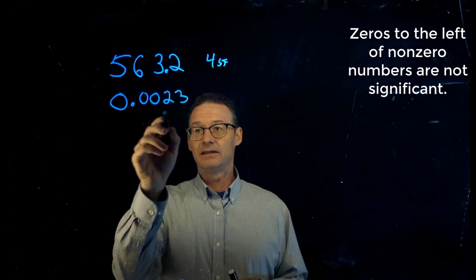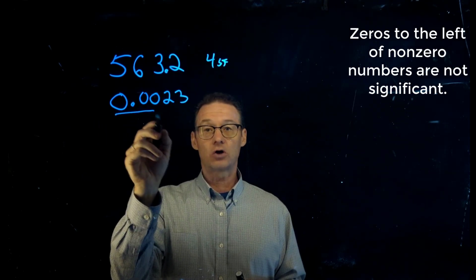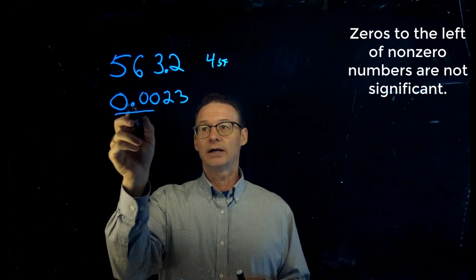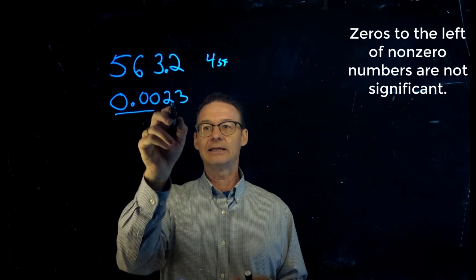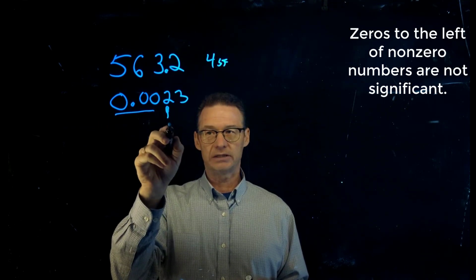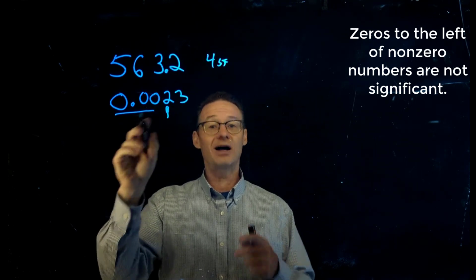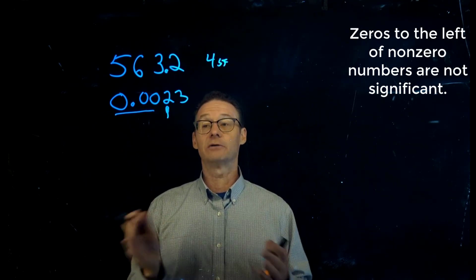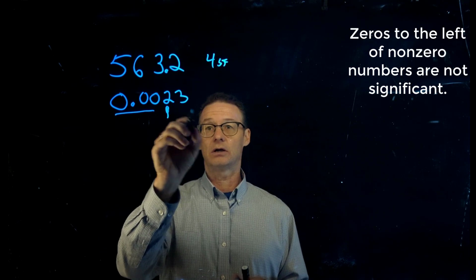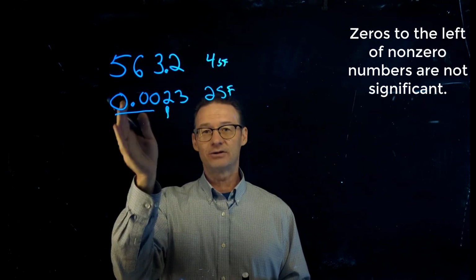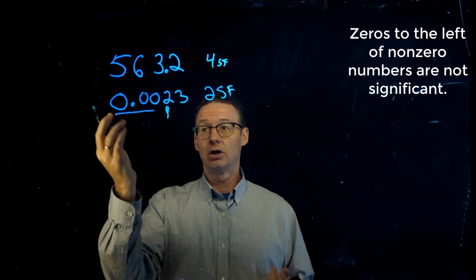Okay, these zeros are to the left of the 2. We call these leading zeros. Right? They're just there because I needed that 2 to be in the thousandths place instead of the tenths place, for example. So they're just holding the places. So they're not considered significant figures. So this number here only has 2 significant figures. These zeros are not significant digits.